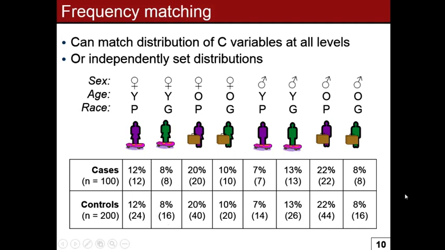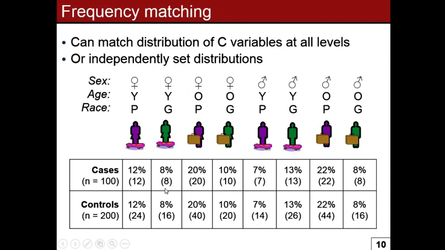It overall will match the distribution in the cases, right? So you're not saying I need to go recruit a specific person. You're going to construct a data set of controls that is more or less comprised of the same mix of people as the cases.